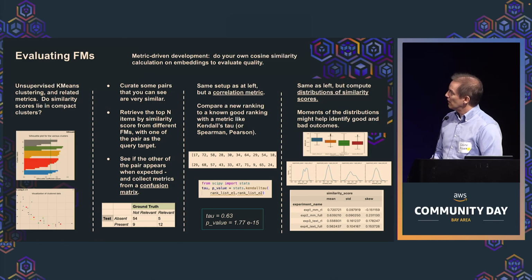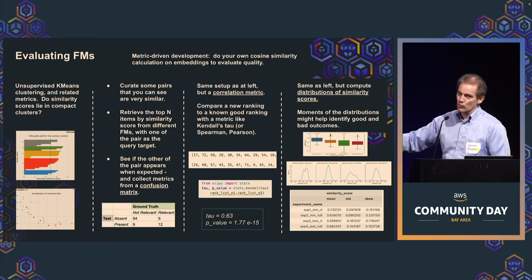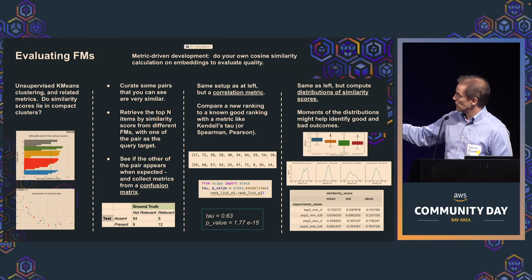So just to recap some classic data science approaches that are pretty easy to roll out, you could have some categories for which you expect these to be clustered nicely, and you can run k-means or something and look at the clusters. You can do a confusion matrix approach, true positives, true negatives, false negatives, and do metrics on that. Specific ranking metrics like Kendall's tau.